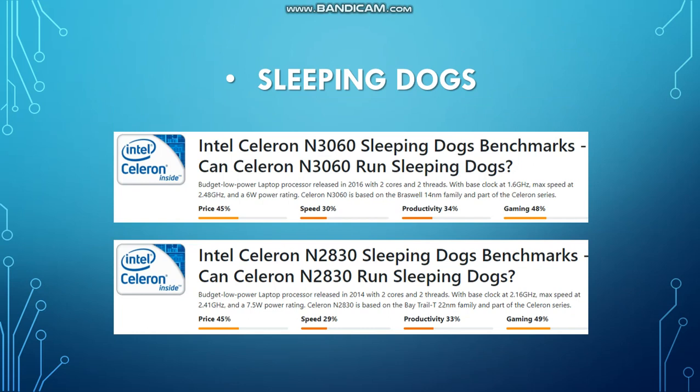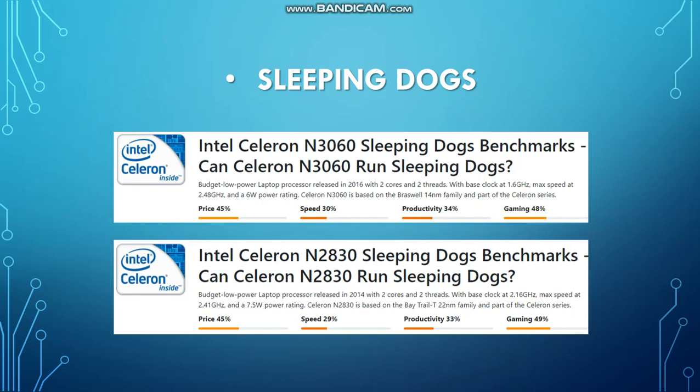It is based on the Braswell 14 nm family and is part of the Celeron series. The price is 45%, speed is 30%, productivity is 34%, and gaming is 48%.